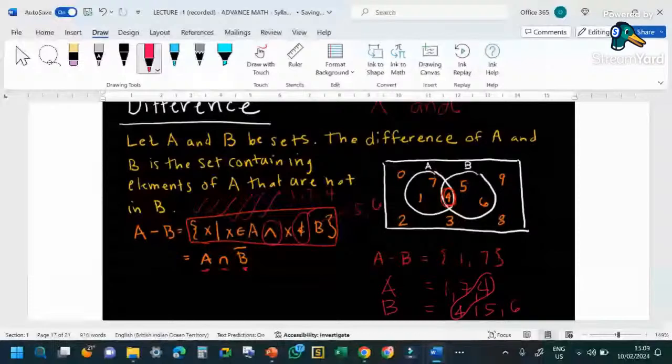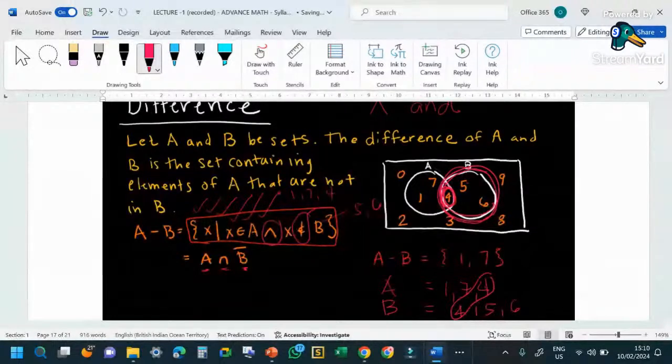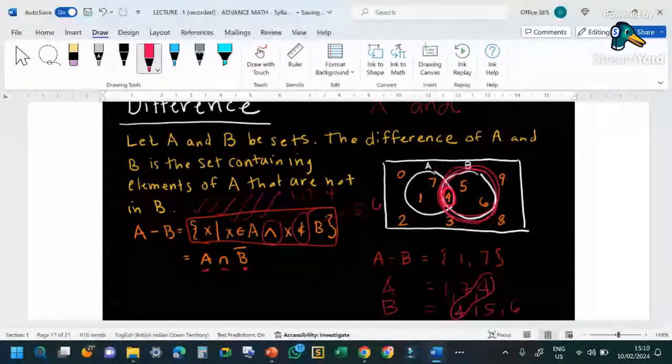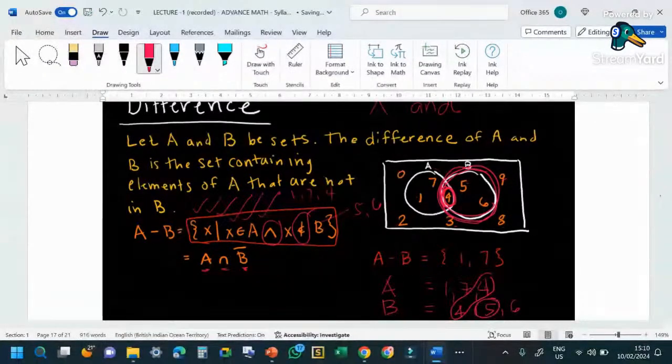So if this is B and this is the intersection, then we have to include 4. And not the complement means B itself, because the complement of B will be 1, 7, 0, 2, 3, 8, 9. So not the complement will be B itself, 4 and 6. So what's the difference of A and B? It will be 1 and 7.